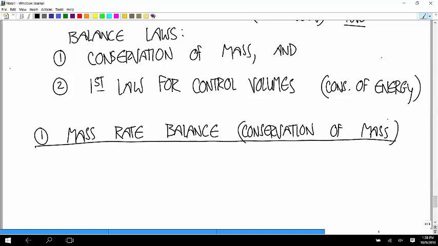And what it says is the rate of change of the mass that's contained in the control volume is equal to the rate at which mass comes into the control volume minus the rate at which mass leaves the control volume.